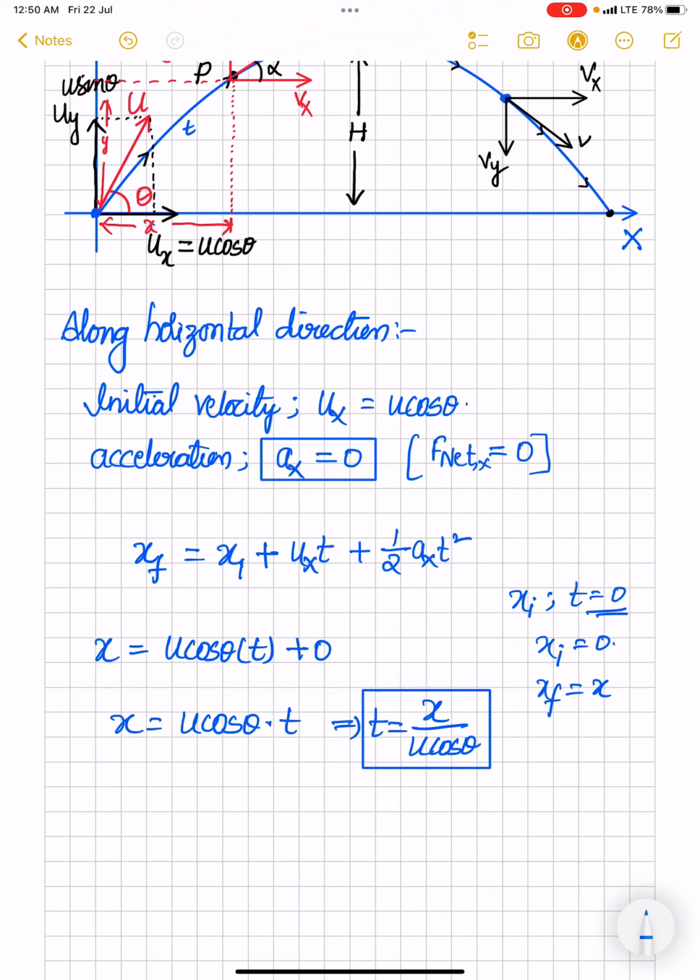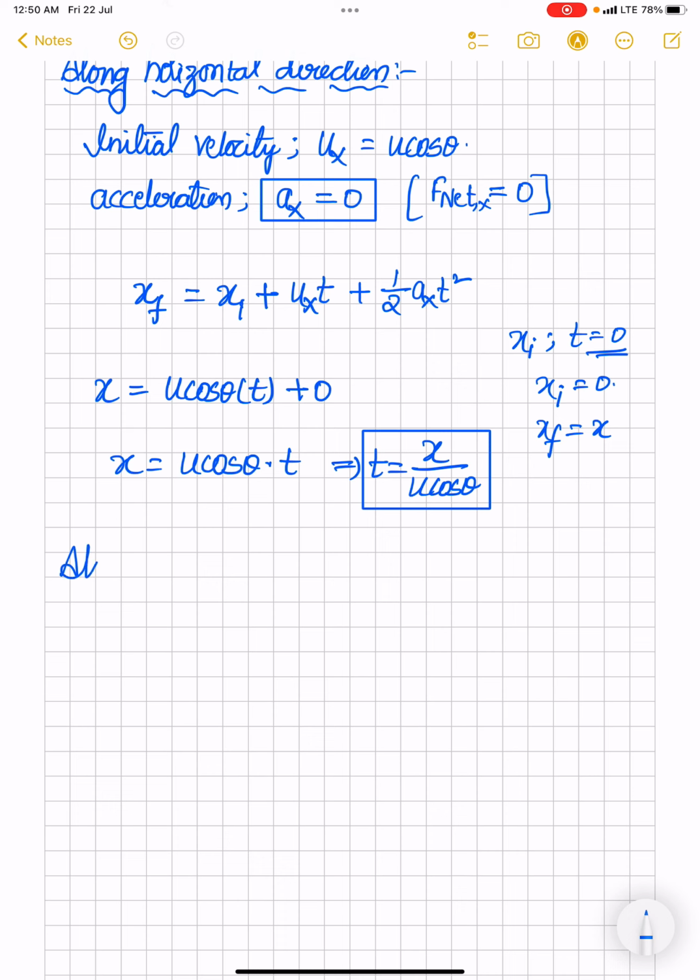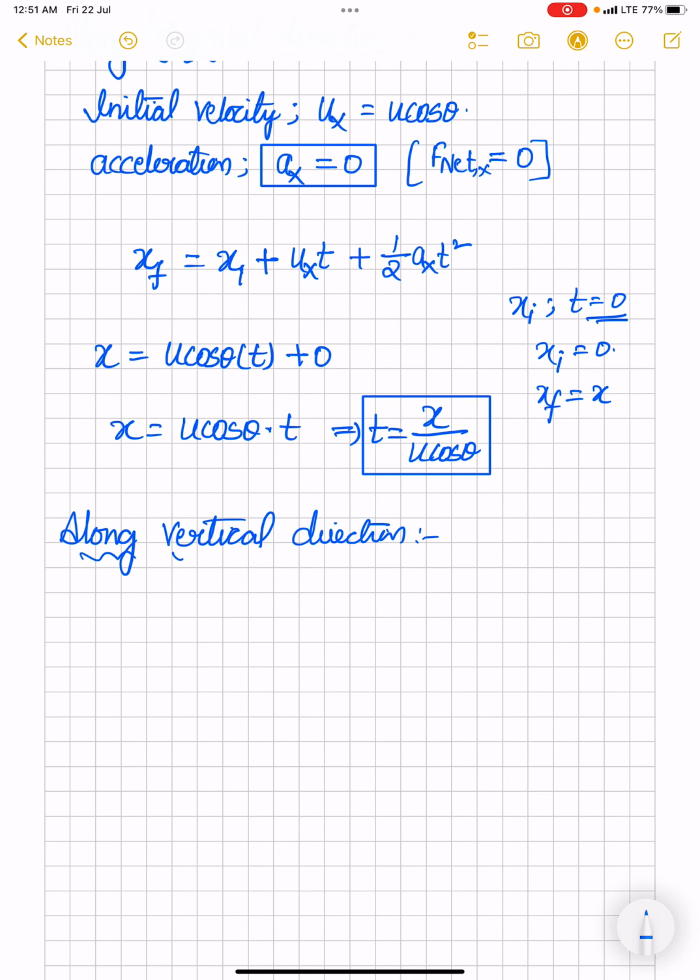So this is all about your horizontal direction. Now let us go to the vertical direction and write the same equation. Along the vertical direction, the displacement covered by the particle is given by y. Let us take all the parameters we require, as previously. Initial velocity is a component of initial velocity along the y-axis, which we consider as uy, and that is u sine theta.